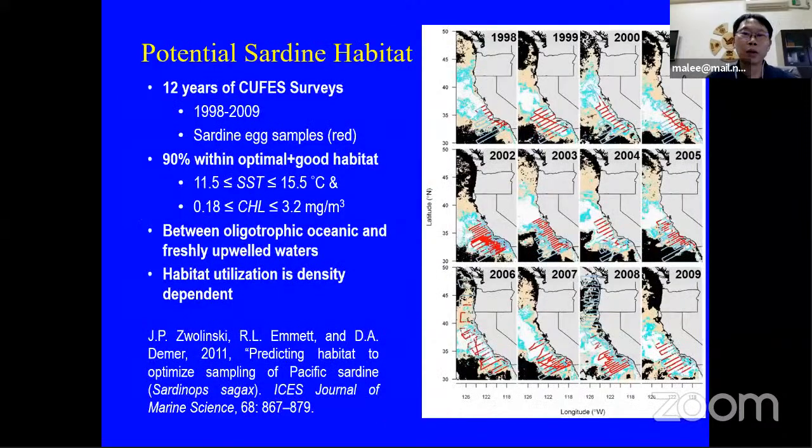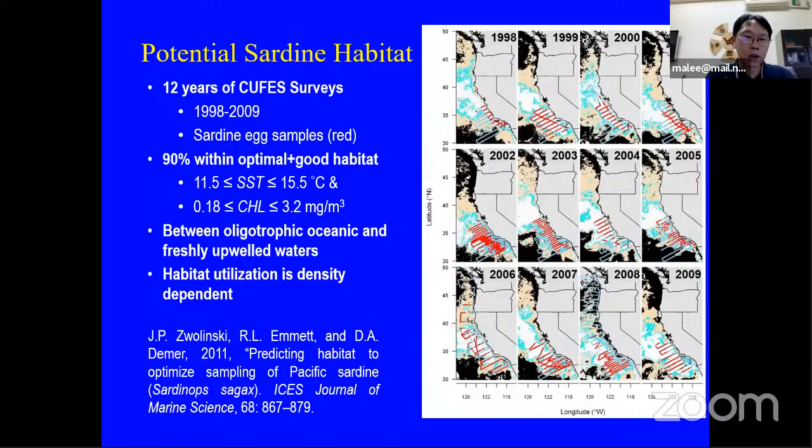So they combine all the data to try to understand the potential sardine habitat. And this slide shows 12 years of sardine egg survey data from 1998 to 2009.